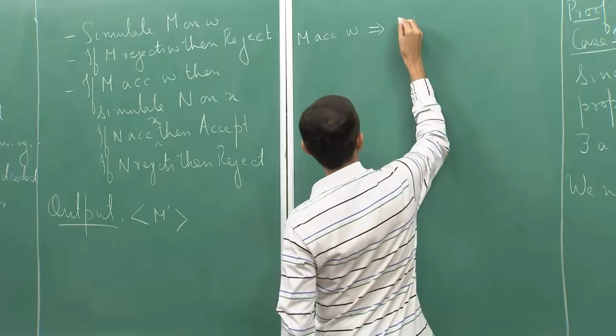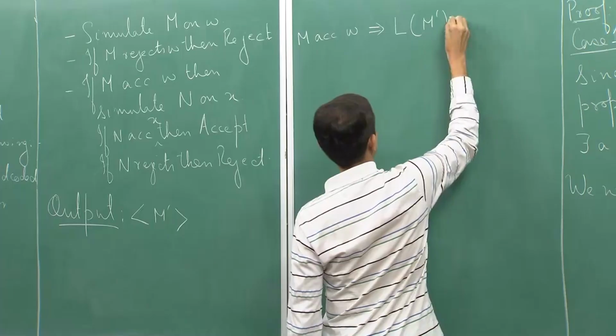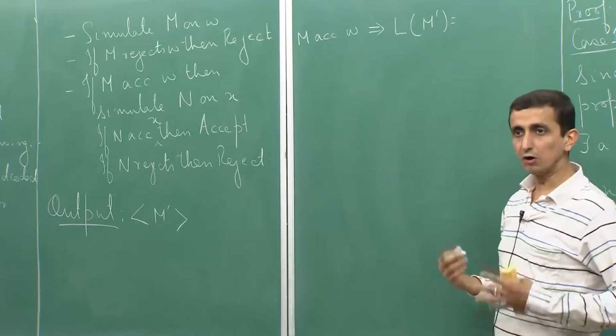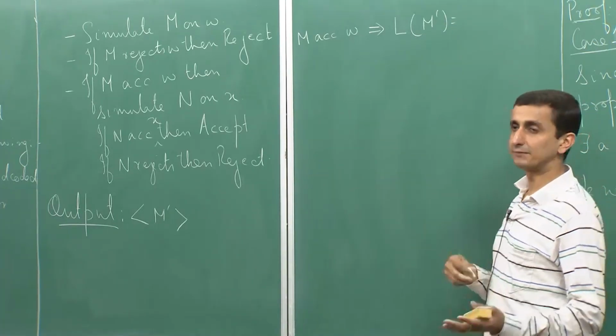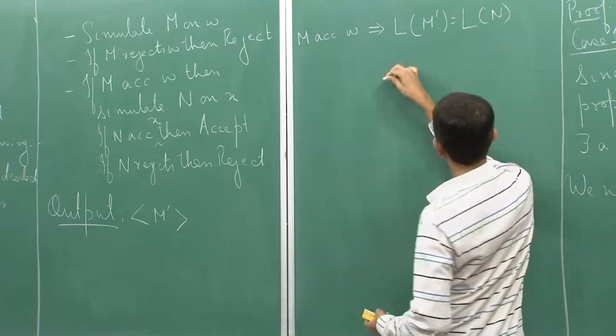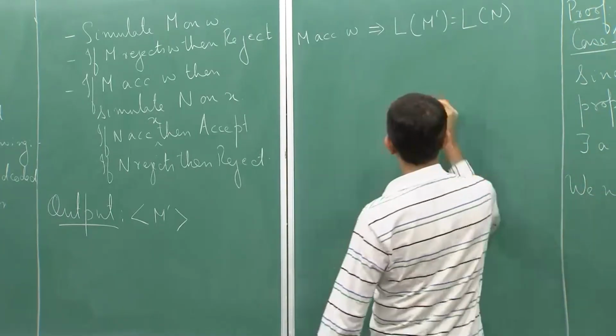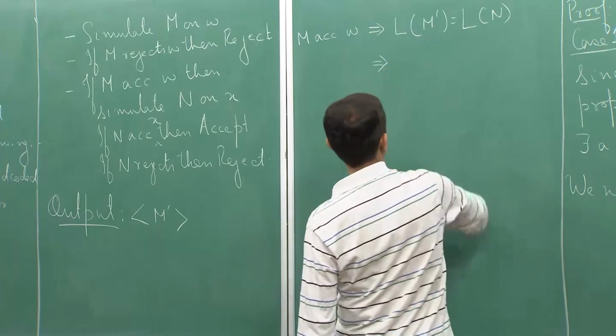So the language of M prime is going to be all those strings that are accepted by the machine N, which is nothing but the language of N. Whenever N accepts an x, M prime will accept the same x.